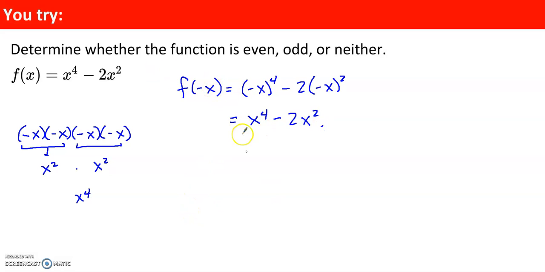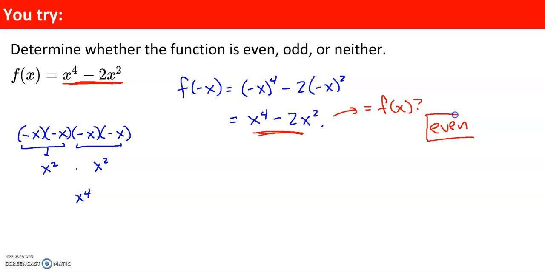So there's my rule for f of negative x. Does that equal the original function itself? Yeah, it does. Look, the exact same function rule. So what that tells me is that this function is even. I don't need to test oddness. It's not an odd function.